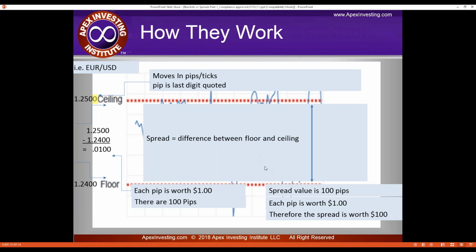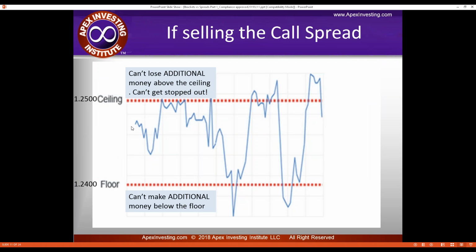The reason these products offer capped risk and reward is, let's look at an example. Let's say we were selling the market, going short. We thought the market was going down. If we're wrong and the market goes up, we do not lose any money above the ceiling. The ceiling caps our risk.